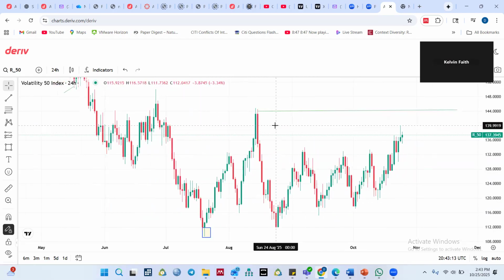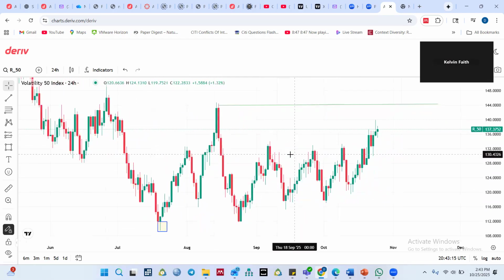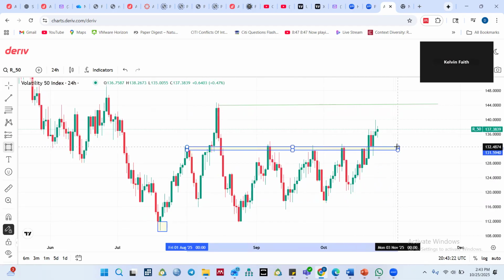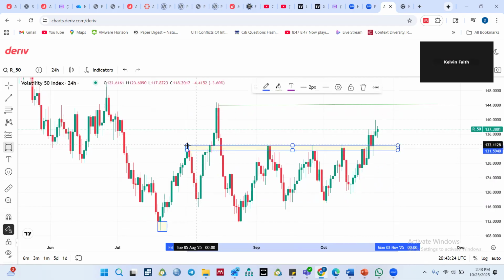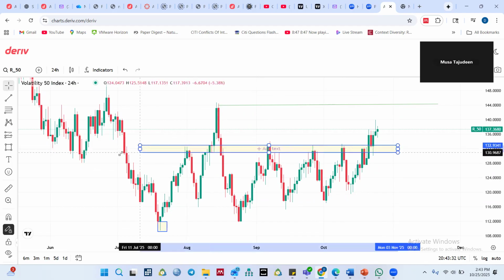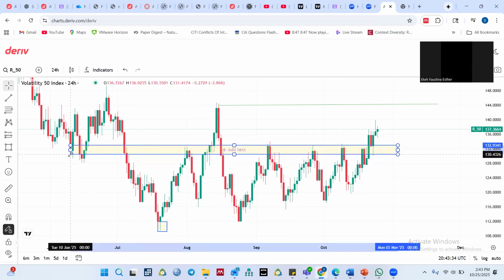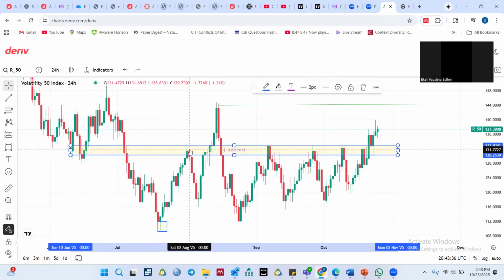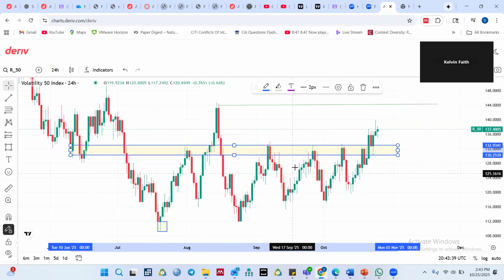Okay. So from the smaller time frame perspective, if you look at this area where price is always stopping, you can note here as something like a resistance support zone. Yes, sir. For you see, every time price hit this area, it drops, it pulls down, hit down, hit down.